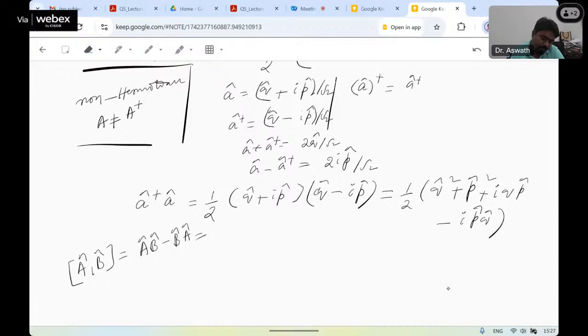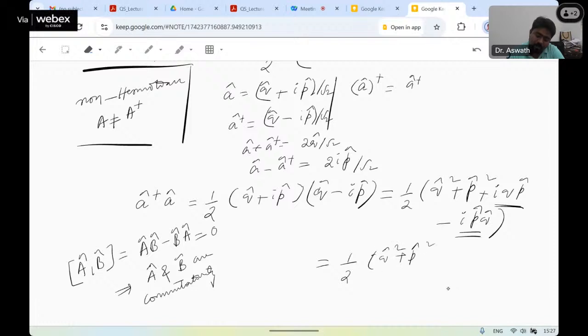When this bracket is equal to 0, a and b are commuting; commutativity holds between them. So the last two terms are actually the commutator: 1 by 2 (q square plus p square) plus i by 2 into the commutator of q with p.